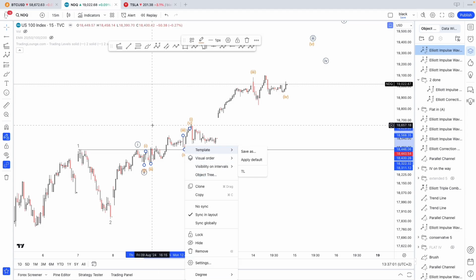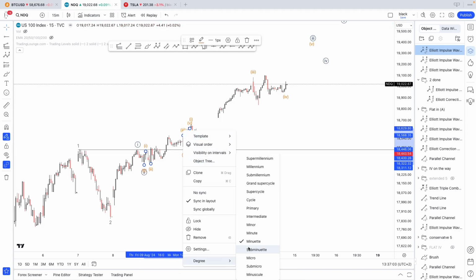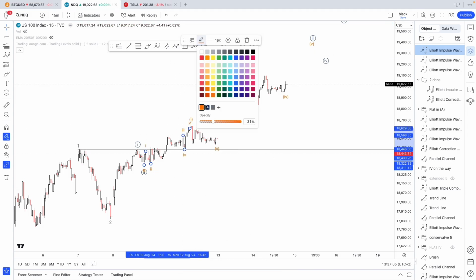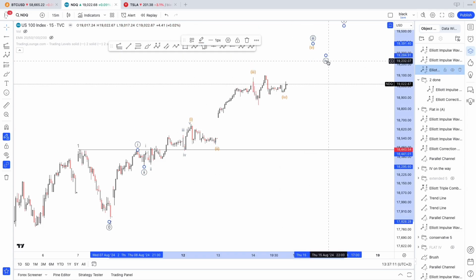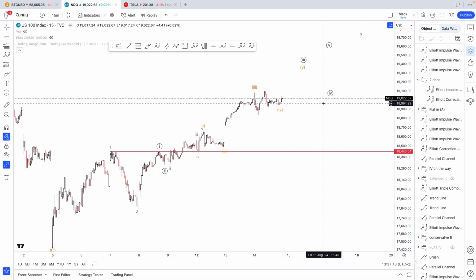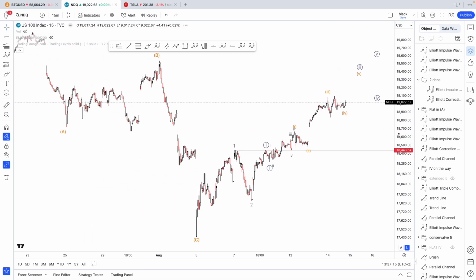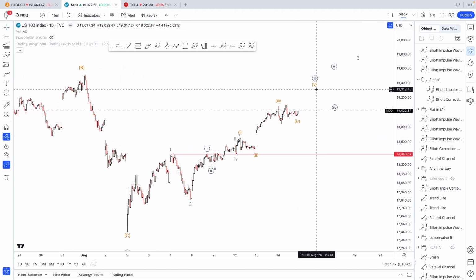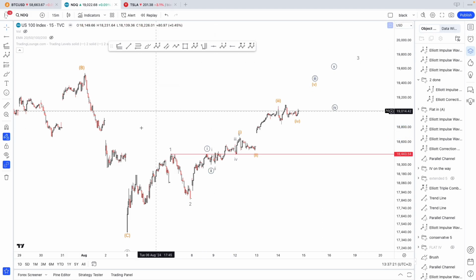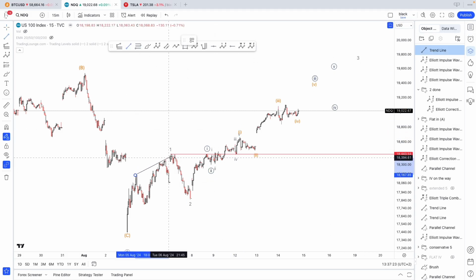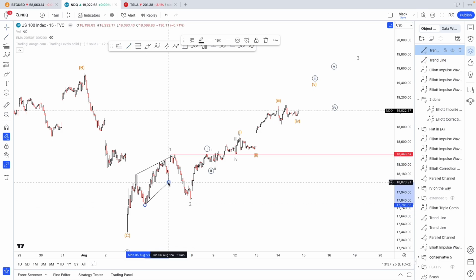Yes. I like to be a bit more conservative when I'm looking for 1-2s, but this looks pretty reasonable. 19,000 seems to be acting as support, so I would expect upside, and that is, if it wasn't obvious, a leading diagonal into wave 1.